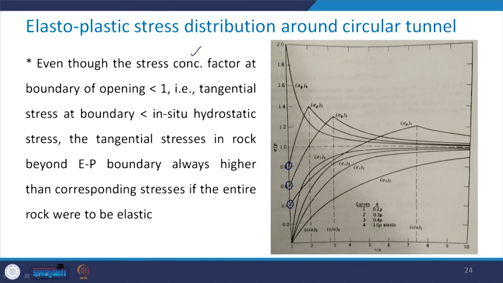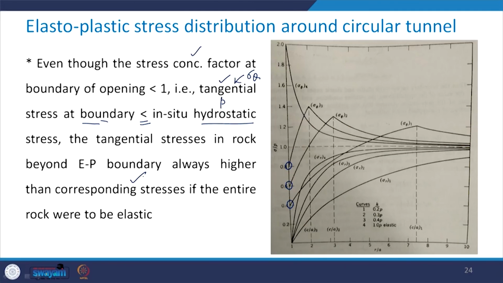The tangential stress at the boundary, when I say tangential stress I am talking about sigma theta, is less than the in situ hydrostatic stress, which is P. The tangential stresses in the rock beyond the elasto-plastic boundary are always higher than the corresponding stresses if the entire rock mass were to be elastic.